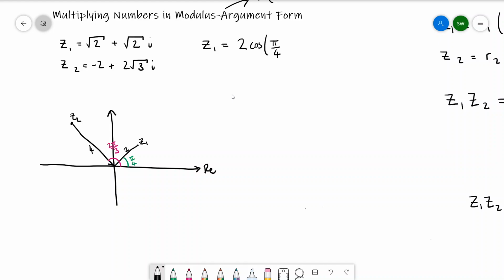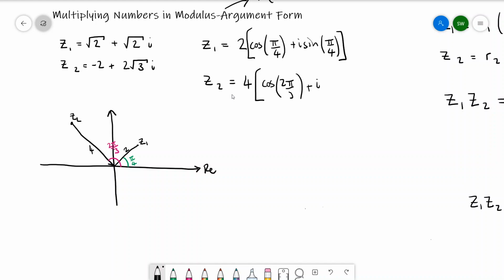So we can write z1 in this form here. And similarly, we can write z2. The modulus of z2 is 4, and the argument of z2 is 2 pi over 3. So that means that we can write z2 in this form here.